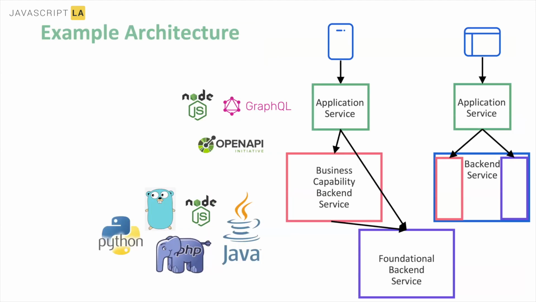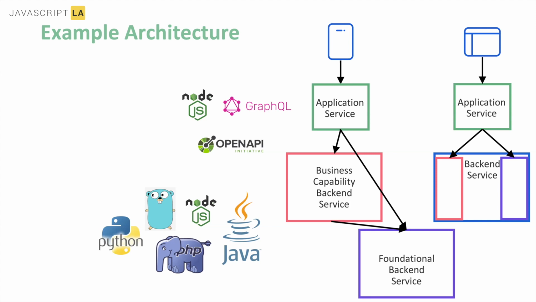Okay, so just a quick back out a level to think about this in terms of actual services. You probably have your clients, they call into application services that are built on most likely Node.js and GraphQL, but you know, various other things are possible. They will talk to your backend services.